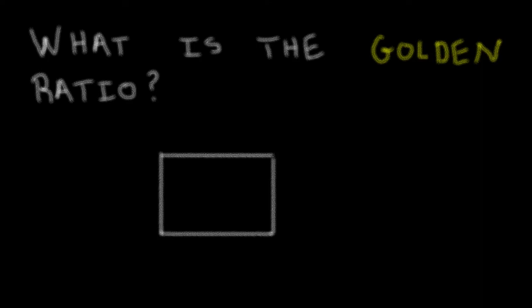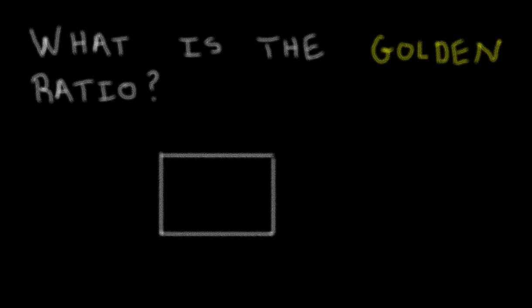Okay, so what is the golden ratio? Does it have something to do with gold? Is it the density of gold? Density is a ratio. It actually doesn't have anything to do with the element gold. It has to do with a particular ratio of two distances. And now this goes back to the ancient Greeks.